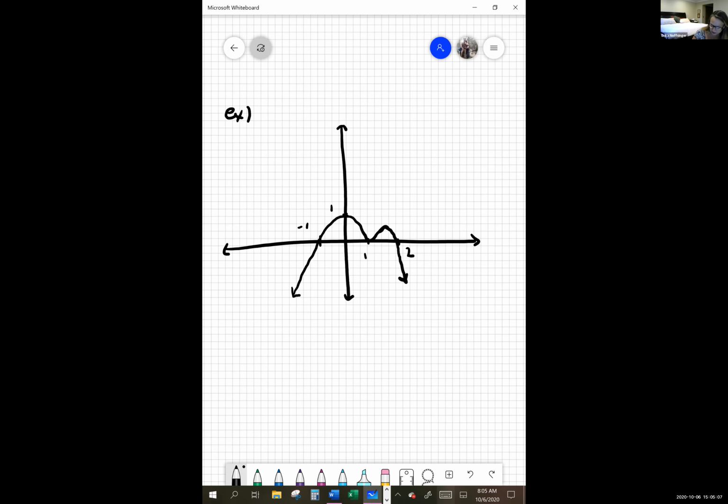Okay, so the real zeros. Those are the values where the graph is crossing or touching the x-axis. And so we can see that, and I told you that that was going to be at x equals -1. It's touching at x equals 1. And it's crossing at x equals 2.